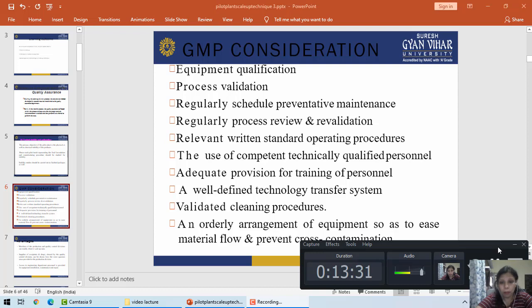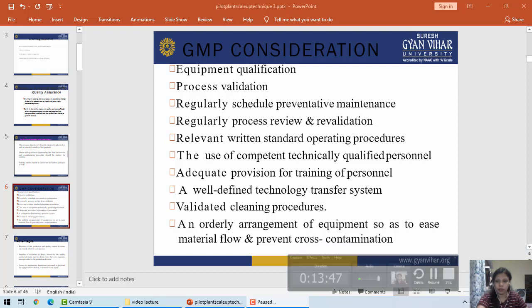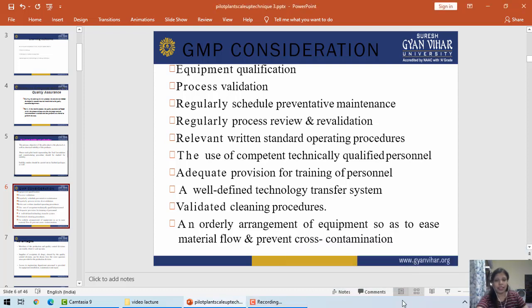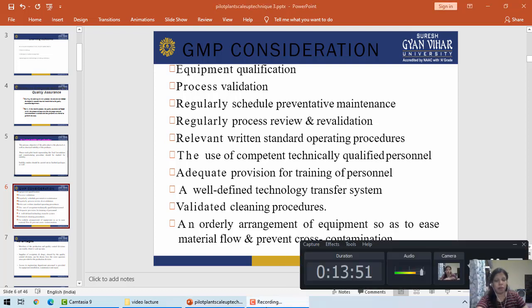The next is use of competent technically qualified persons. So obviously as per the GMP, the qualified person should be there for any process. Basically we can say that as per the GMP, only the persons who are qualified can do that particular work.